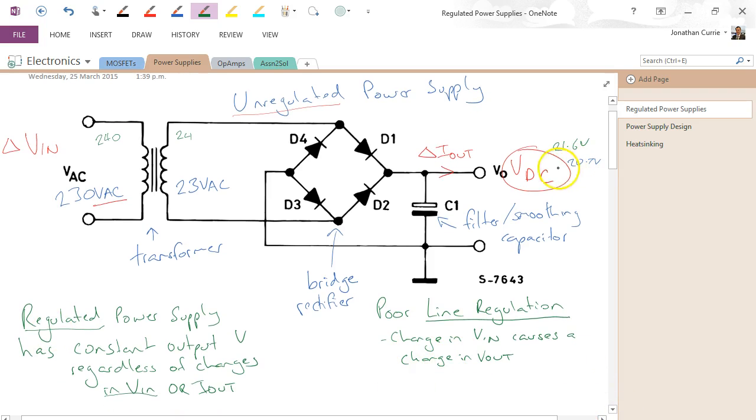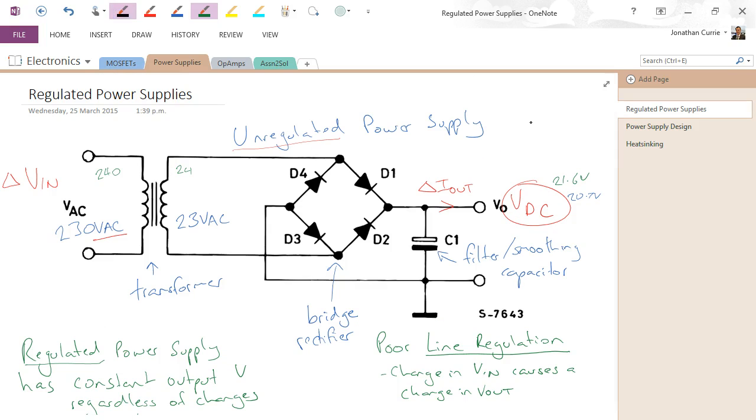We can also look at this circuit and ask, what would happen if our output current changes? Now, this circuit has a particular feature that if the output current increases, we get a curve that looks something like this. If this is Vout and this is Iout, you'll get maximum voltage at no current, and as you increase your output current in this direction, the voltage you get will decrease.